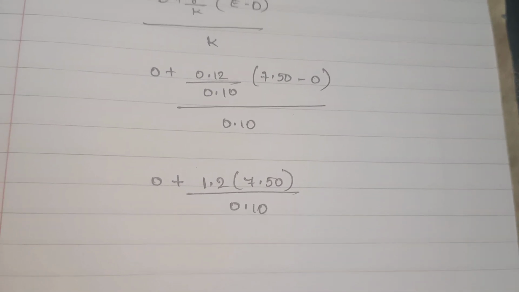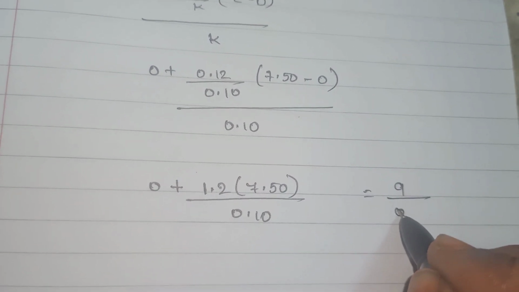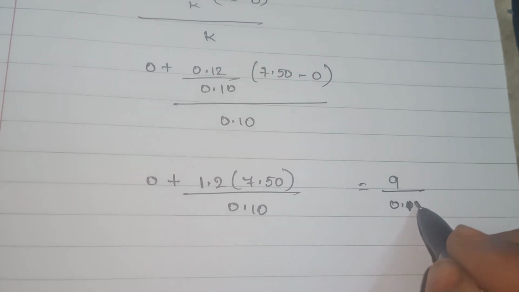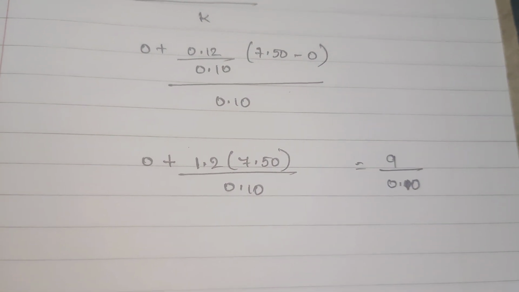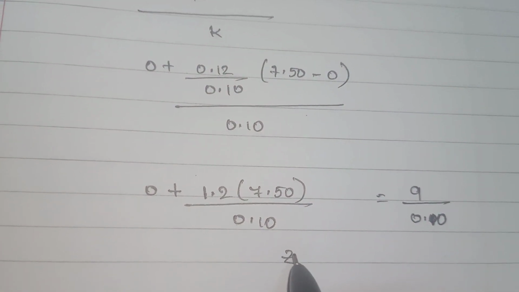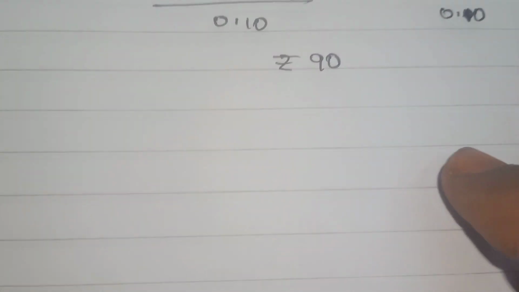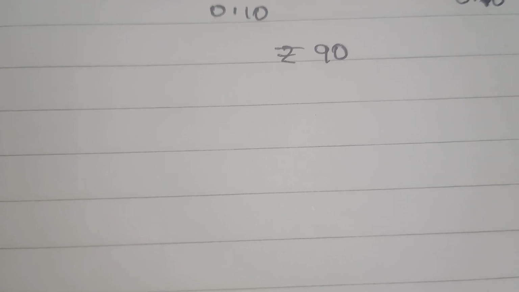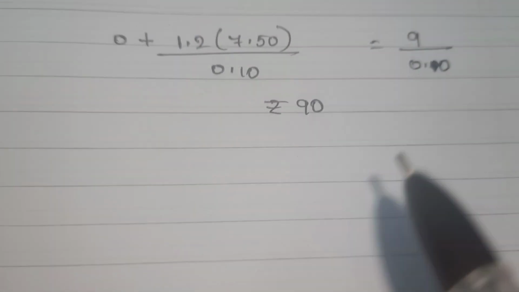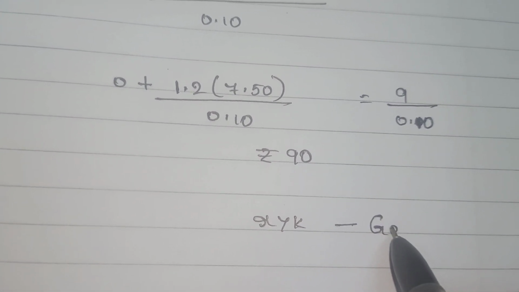This is 9 divided by 0.10, which is equal to rupees 90. So in the 12% case, that means rate of return R of 12% against the cost of capital, what will happen? R is greater than K. So as per the note, R greater than K means it is growth form.